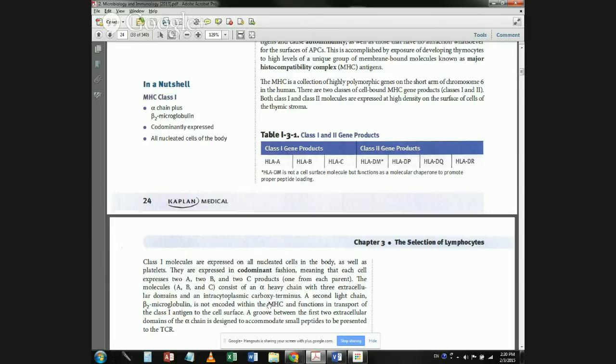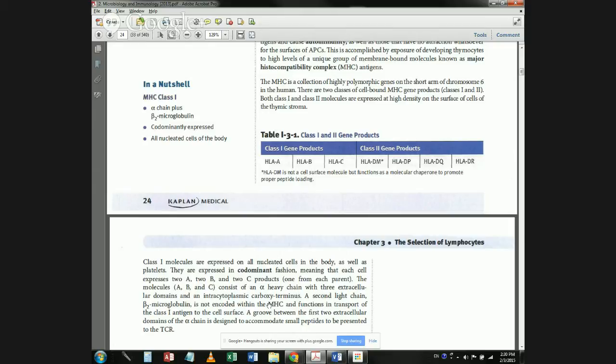Anyway, a second light chain, the beta-2 microglobulin, is not encoded within the MHC and functions in transport of the class 1 antigen to the cell surface. So you have to make beta-2 microglobulin, and basically that is going to escort the class 1 gene products HLA-A, B, and C to the surface.